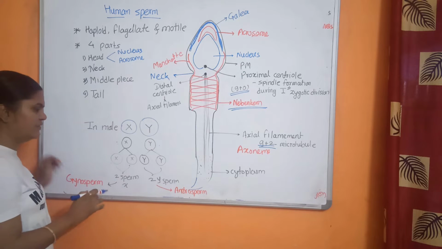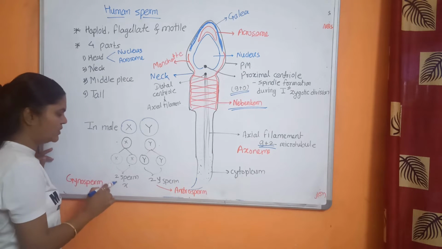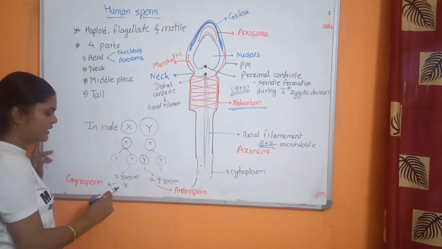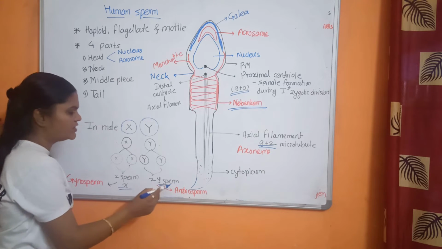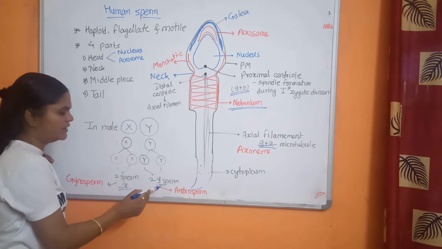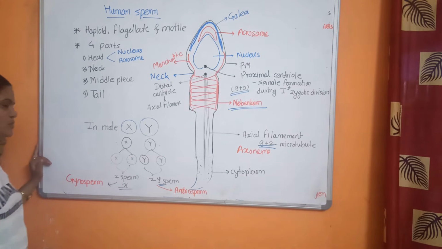So 2 sperms that contain the X chromosome are produced, while the other 2 sperms contain the Y chromosome.